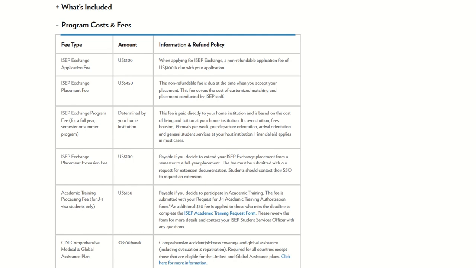When you accept your offer to study at one of the host universities in our network, you make room for an international exchange student to study at your home university in the future. In most cases, you can use federal, state, and institutional financial aid towards your ISEP Exchange program. Please check with your home ISEP coordinator and financial aid officer for further information.